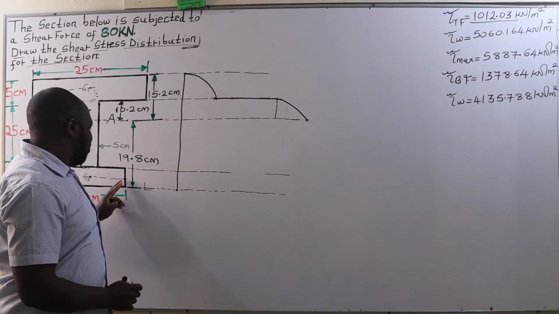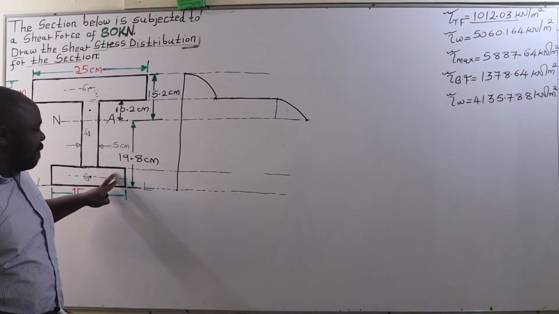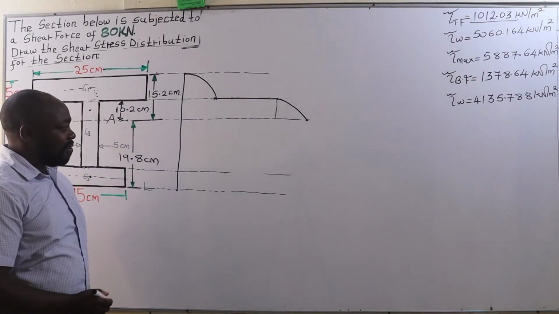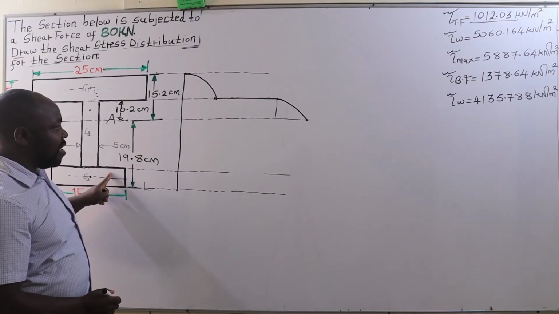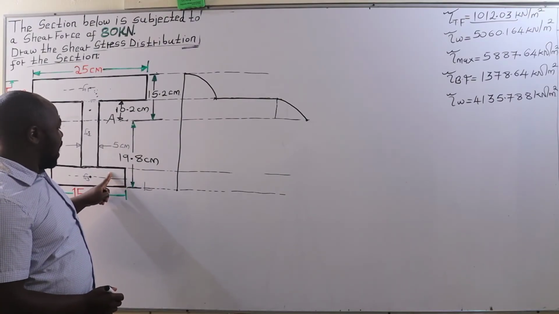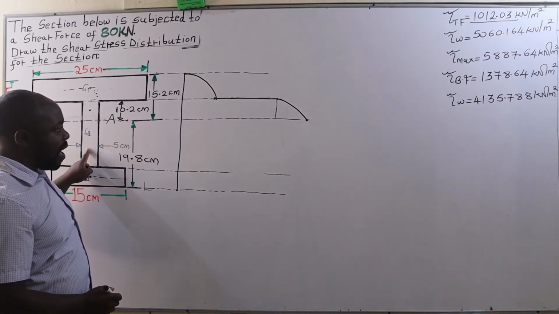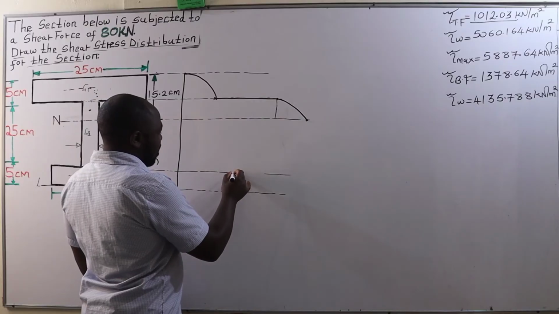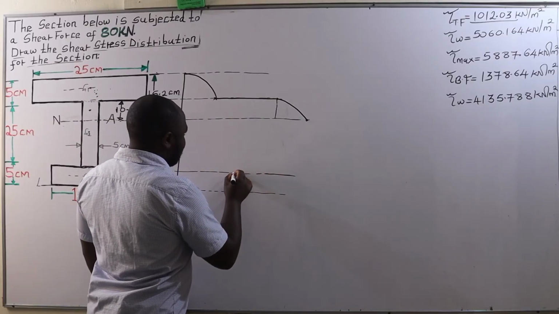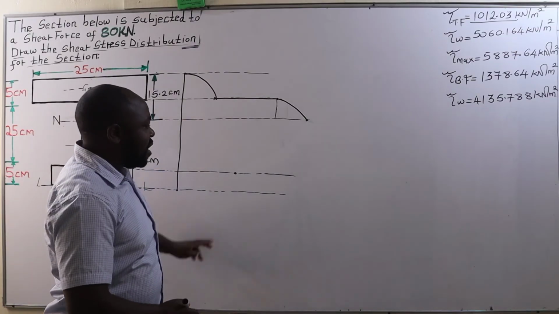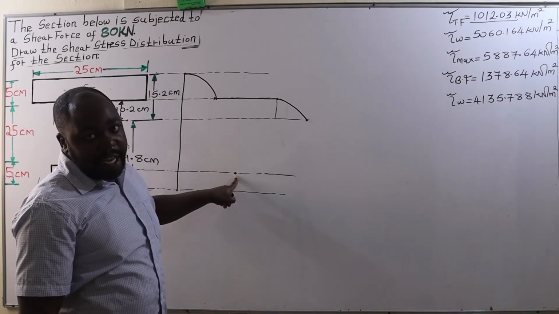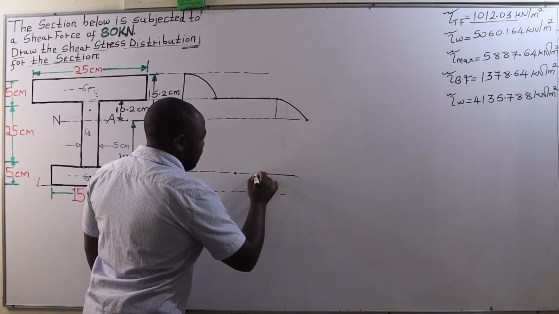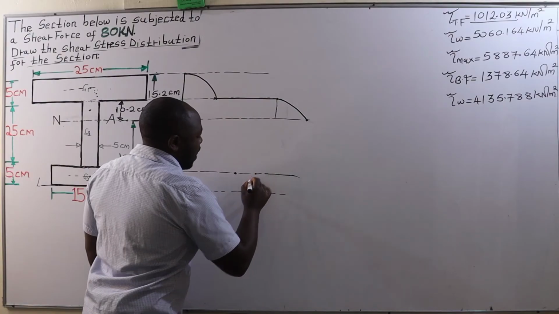Now, when you come to the lower flange, the shear stress at the lower edge is 0. Then the shear stress in the flange just at the junction of the lower flange and the web is 1378.64. So 1378 is approximately that point, which increases abruptly from 1378 to 4135. 4135 maybe at that point.